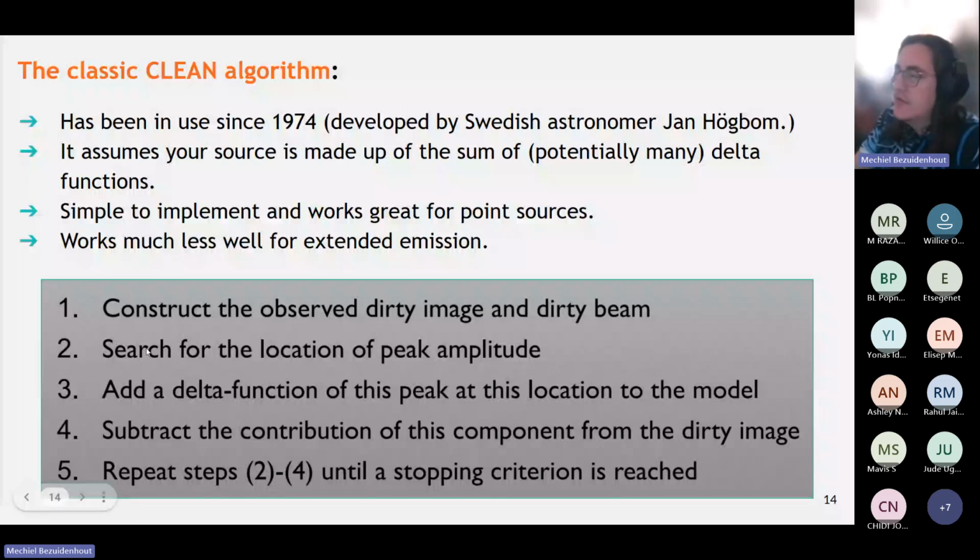So this is the basic algorithm. We start with an observed dirty image and a dirty beam, and then we search for the location of the peak amplitude in the dirty image.